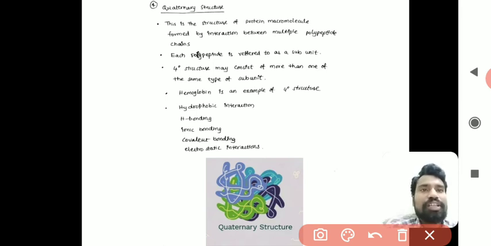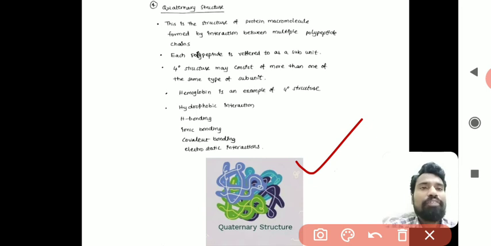This structure is a very complex structure, a macromolecular structure of proteins formed by interaction between multiple polypeptide chains. There are 10-15 polypeptide chains, and they interact with different kinds of interactions, resulting in a quaternary structure.